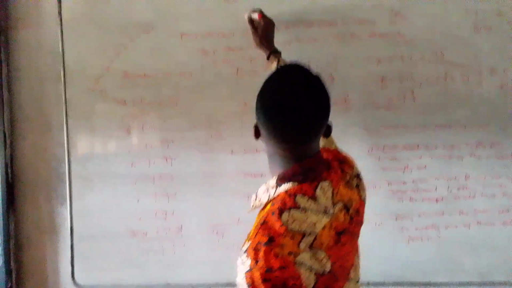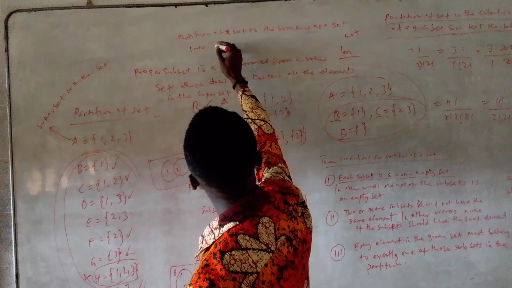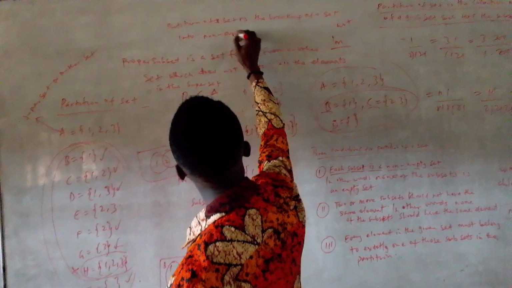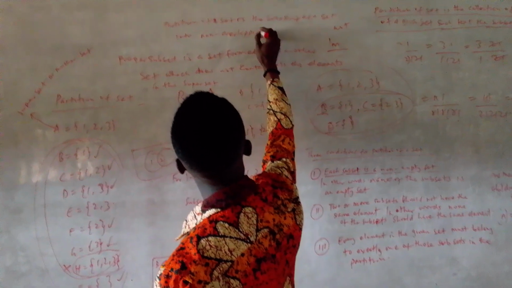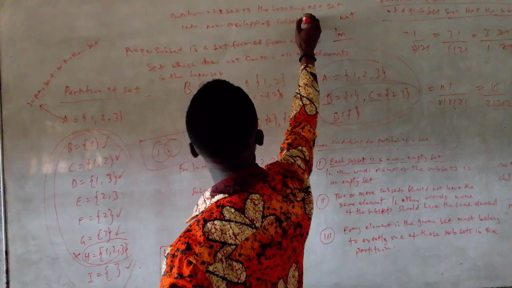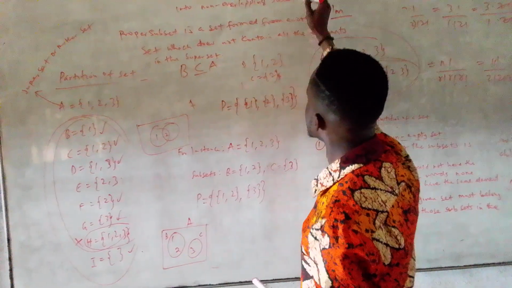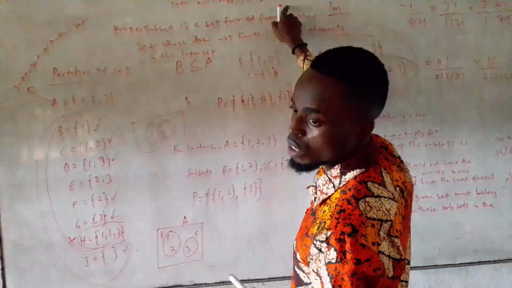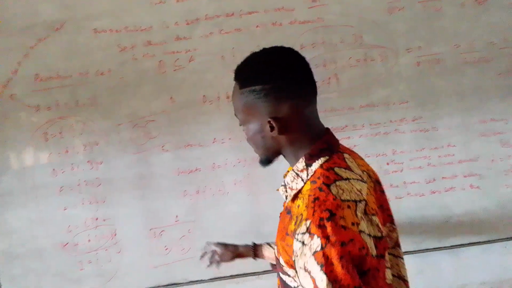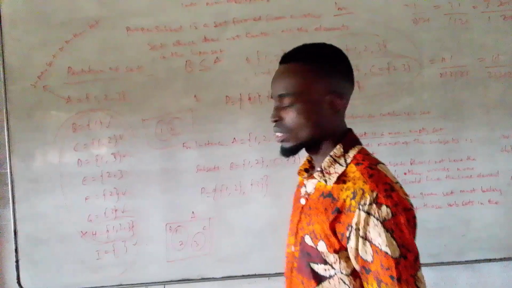It's the breaking of a set into non-overlapping subsets. Are you there? Into what? Non-overlapping what? Subsets. Full stop. So saying that there are non-overlapping subsets means that they don't have any elements in common.